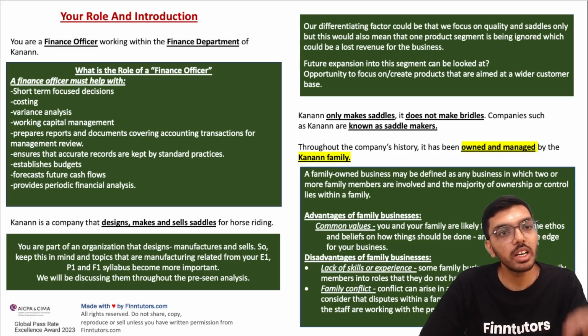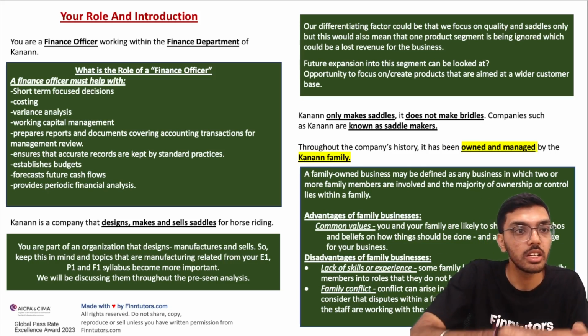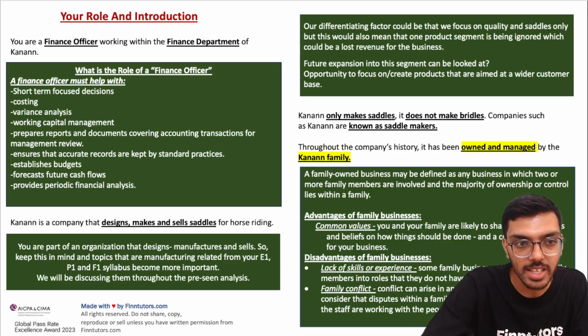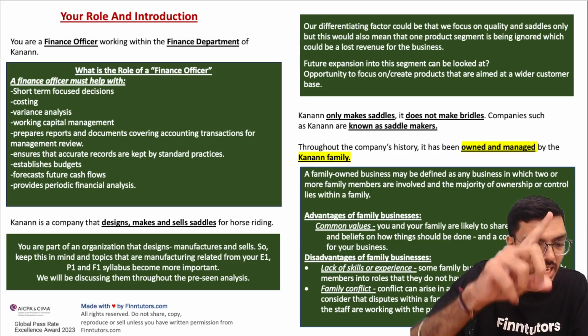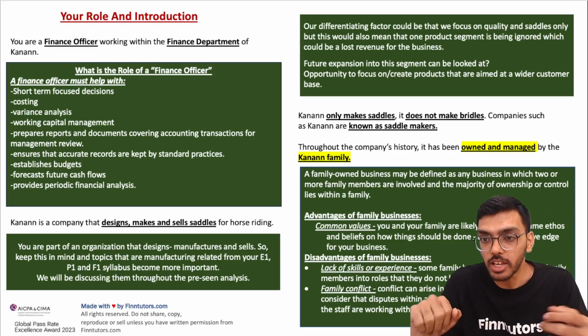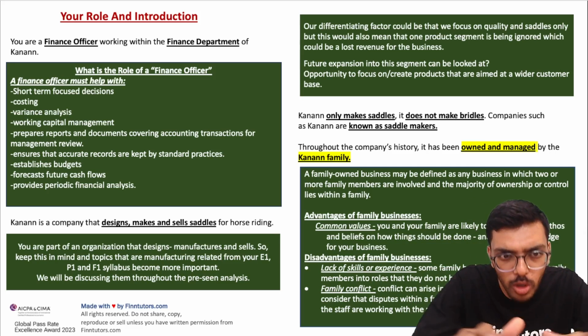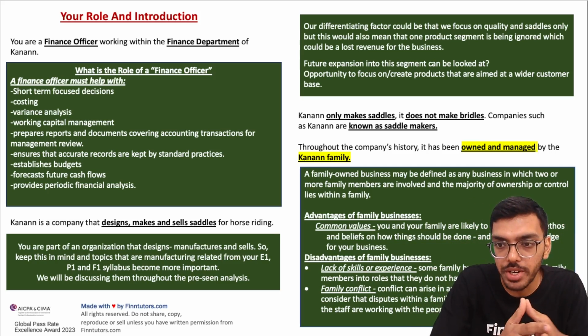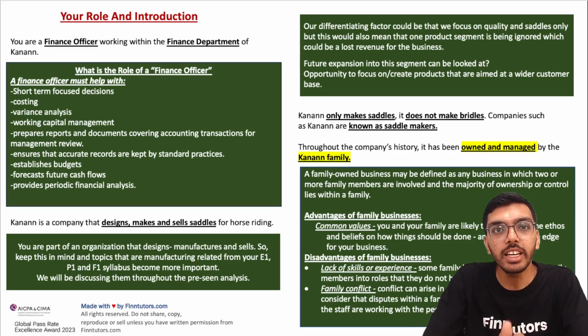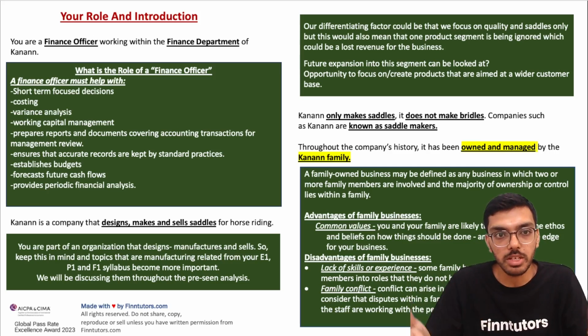In the real world, if you are a finance officer, you are asked to do things like costing help, variance help, working capital management help, projection of future cash flows, providing financial analysis help. All of these areas are very directly related to your E1, P1 and F1 syllabus.